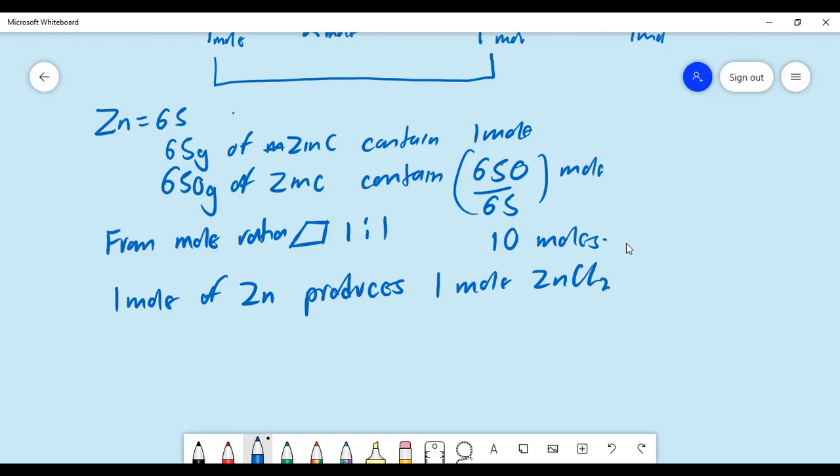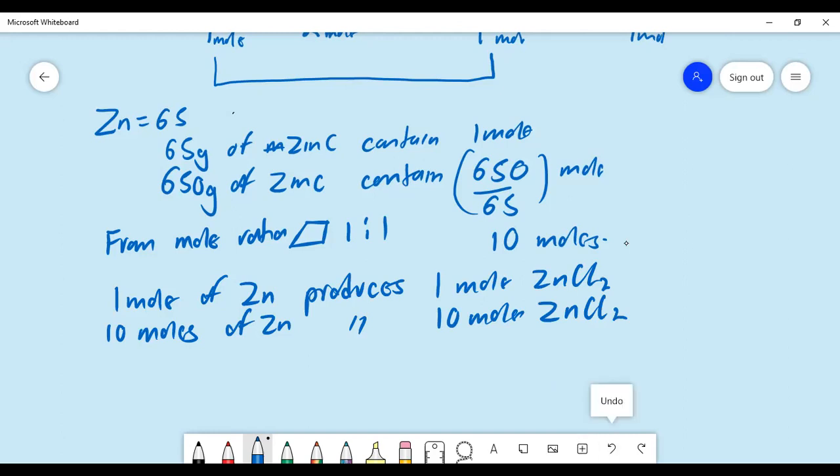And so 10 moles also produces 10 moles of zinc 2 chloride. But they want the mass of zinc 2 chloride.